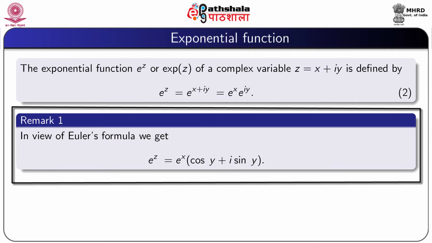In view of Euler's formula, we get e to the power z equal to e to the power x into cos y plus i sin y.